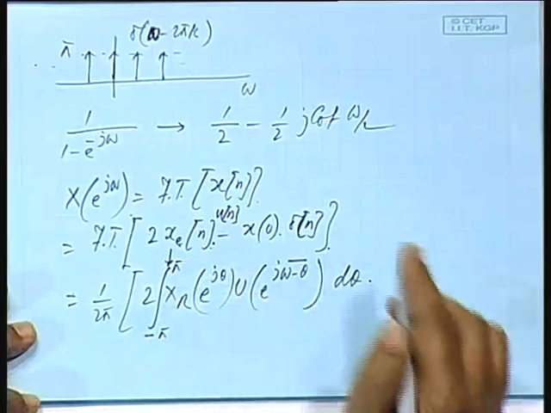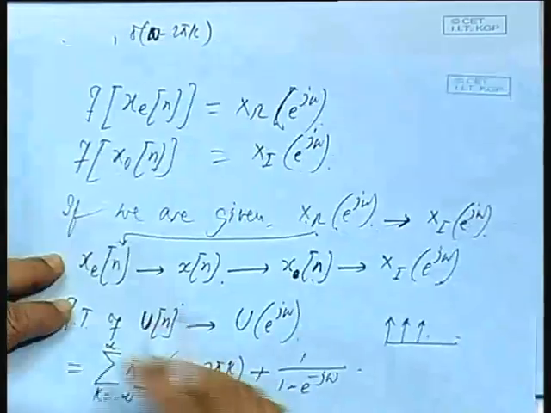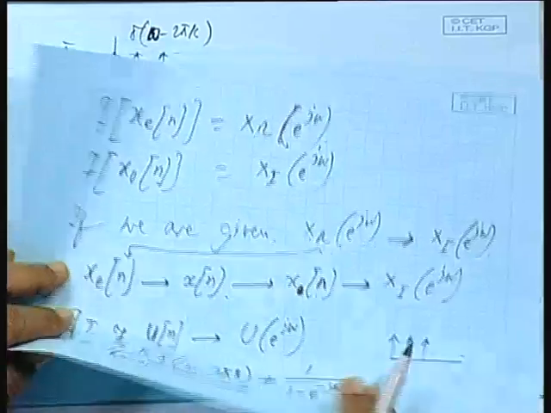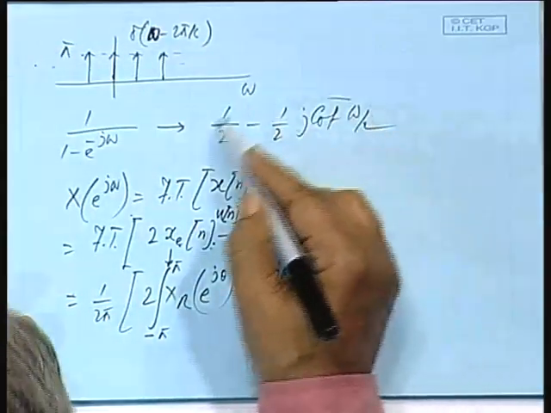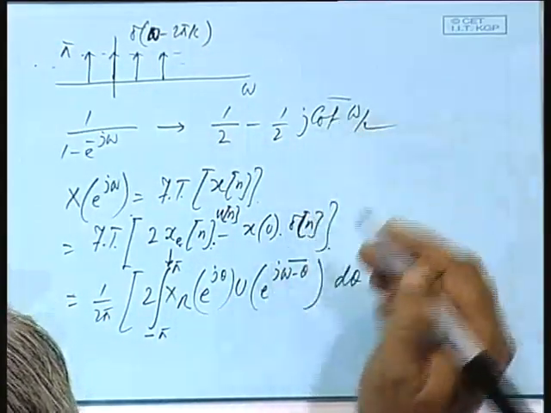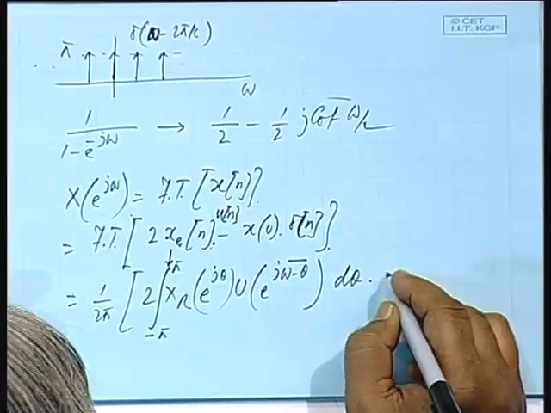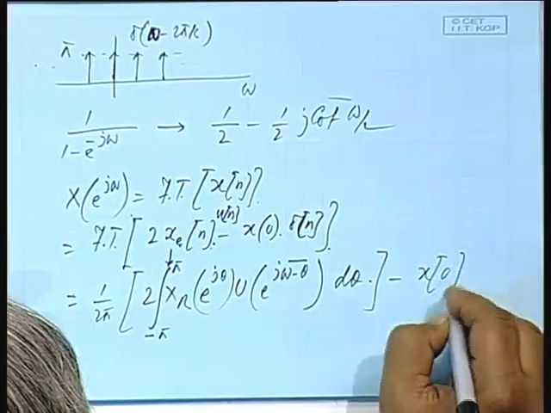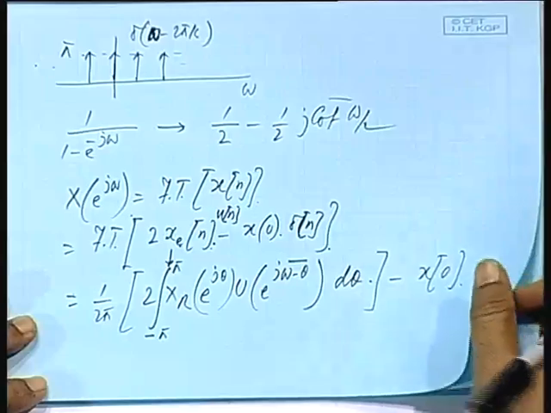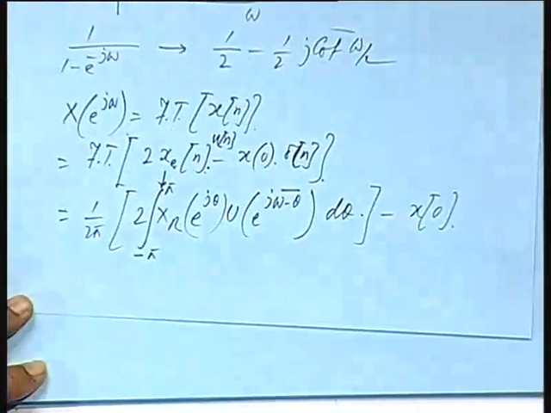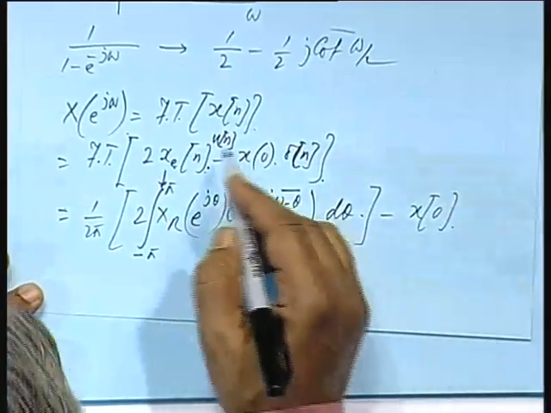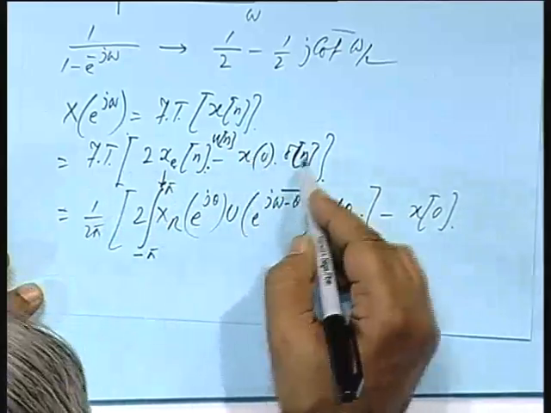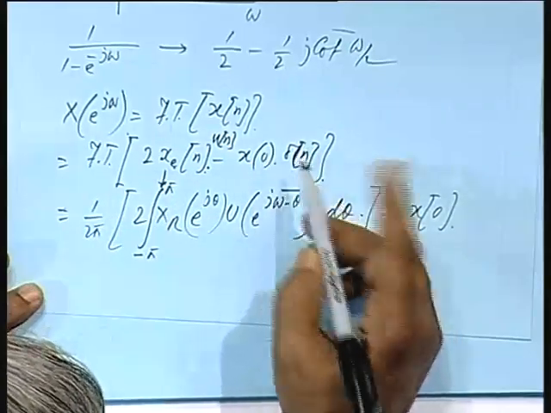This is for the first part, for this part cotangent θ, and minus x[0] will come, because if I take the Fourier transform of δ[n], that is 1.